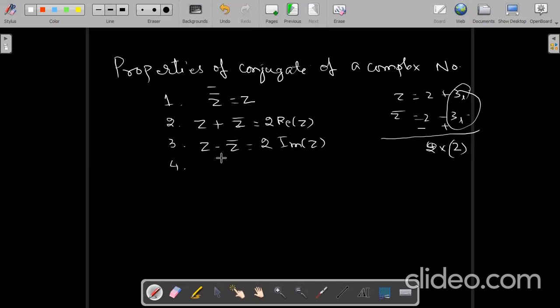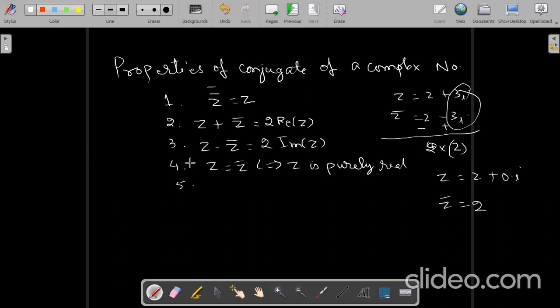And the fourth property: if a number is equal to its conjugate, it is possible only when z is a pure real number. Z is purely real, because as I told you, if z is the complex number 2 plus 0 iota, it has only a real part, then its conjugate will be 2 only. And similarly, suppose the number is 3 iota, where the real part is 0.